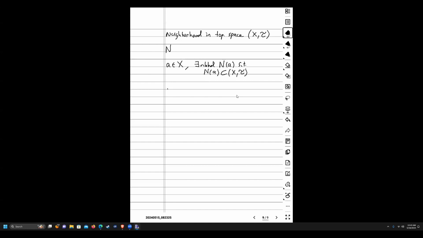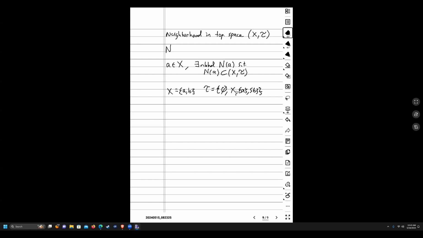Okay, so again, X is just {A, B}. Tau was basically all the subsets of X. So we have the empty set, X, the singleton set {A}, and the singleton set {B}.